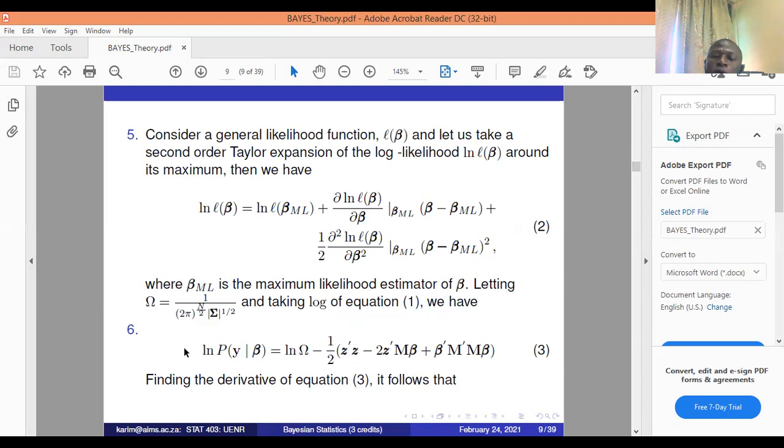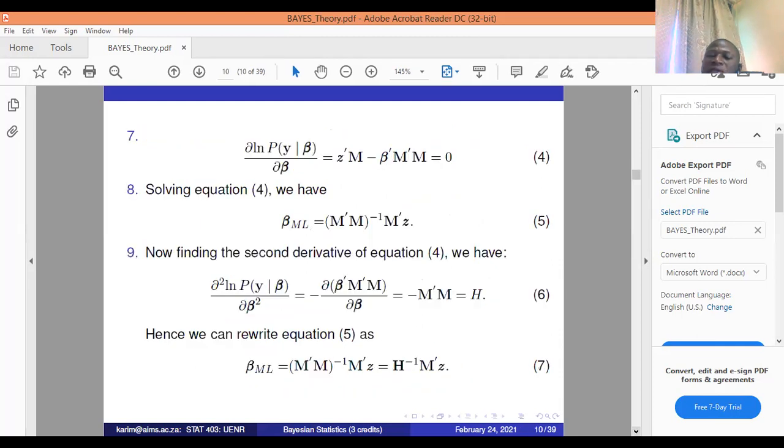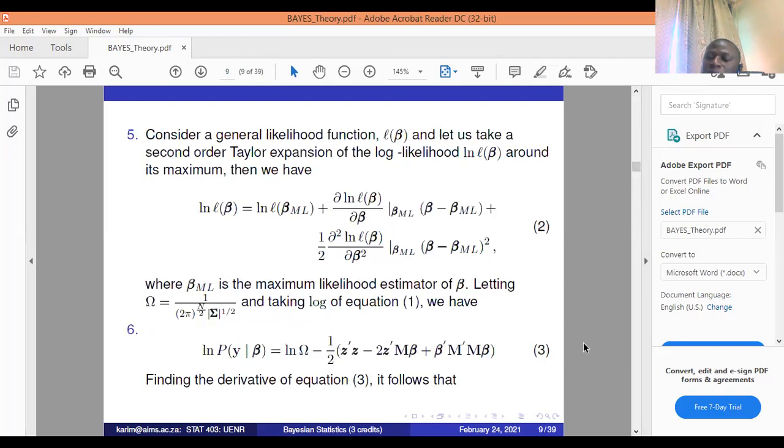So now we can differentiate this equation 3 with respect to beta. We can push our negative half inside, and then differentiate with respect to beta. If we push the negative half in and differentiate with respect to beta, there is no beta in Z transpose Z, so this goes to 0.